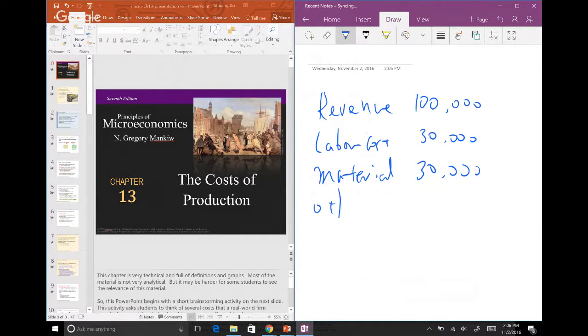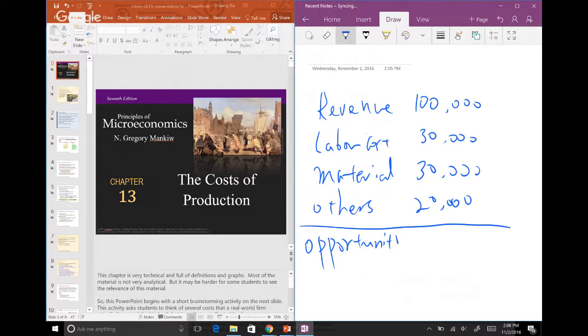Everything else, others, let's call this one $20,000. And let's say we have one more cost, my opportunity cost. Suppose that if I open a restaurant, I cannot teach anymore, so I have to give up my salary for teaching. Let's suppose my salary is $70,000.